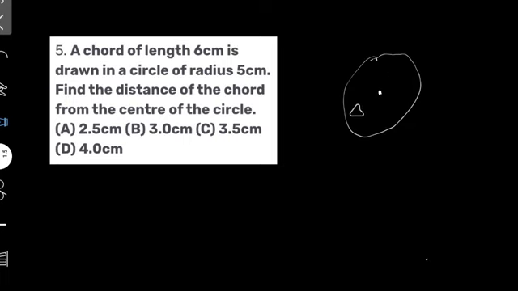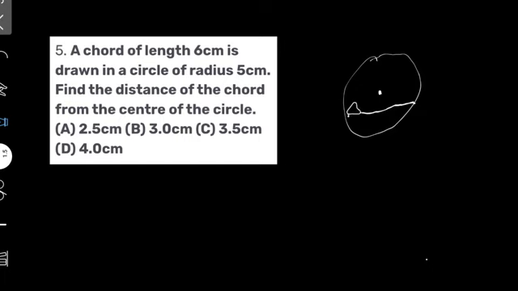A chord is a straight line drawn from any two points on the circumference of a circle that does not pass through the center. So this line from this point on the circumference to another point on the circumference is called a chord. The length of this chord is 6 cm.